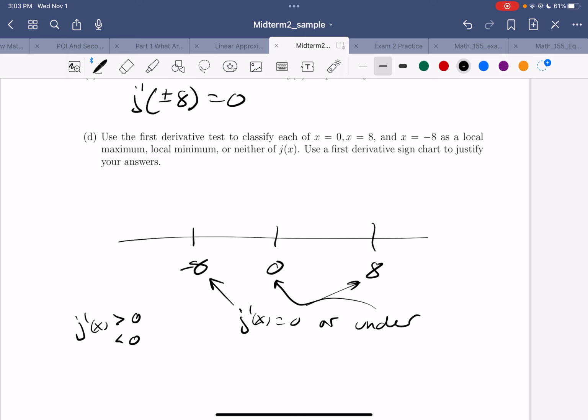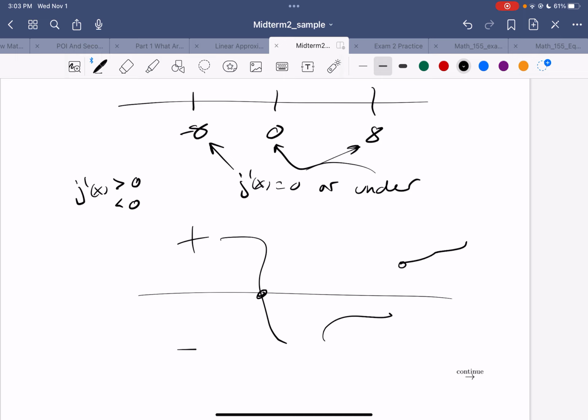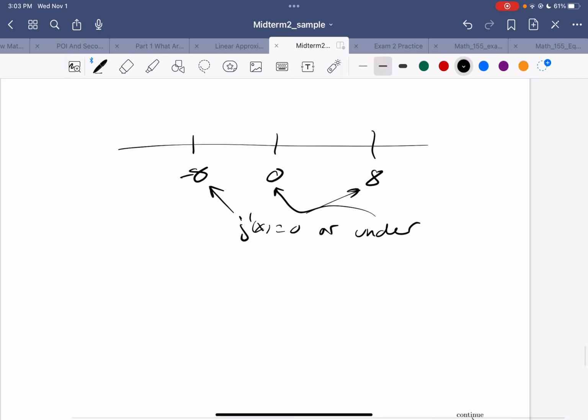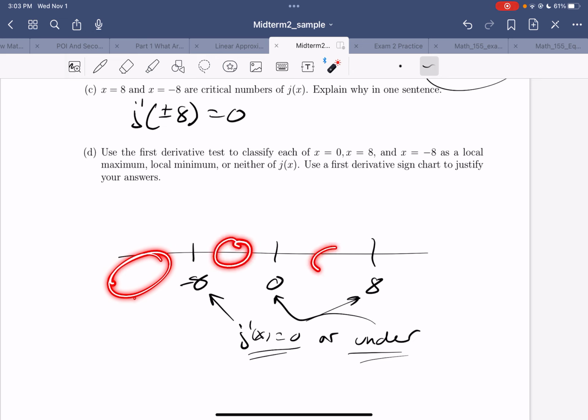If I'm going to go from something positive to something negative, I either have to touch 0 or I have to jump. That's why. So now that we've marked all the spots where j prime is 0 or undefined, these are all the spots where you might jump or where you might hit 0. Now we need to investigate these regions, the regions between the spots and to the sides of the spots.